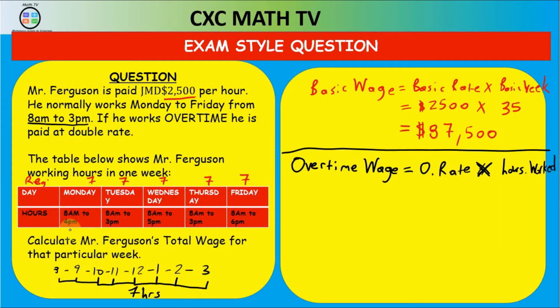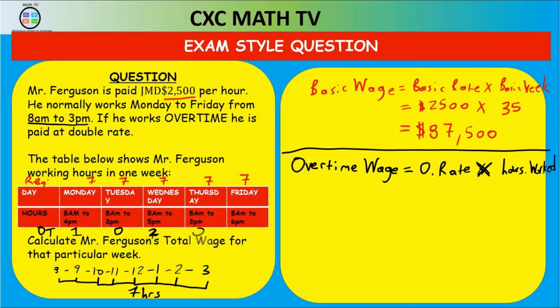So let us see. He worked 8 a.m. to 4 p.m., so in terms of overtime, he only works 1 hour overtime on Monday. On Tuesday, Mr. Ferguson doesn't work any overtime. On Wednesday, Mr. Ferguson works 2 hours overtime because after 3 p.m., his regular hours stop, and from 3 to 5, that's 2 hours of overtime.